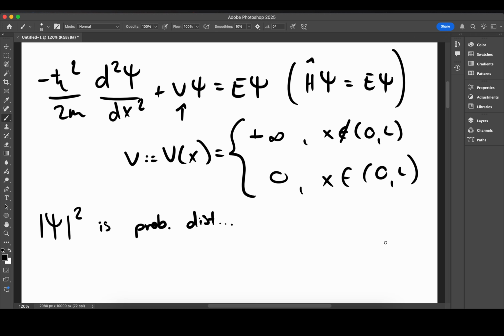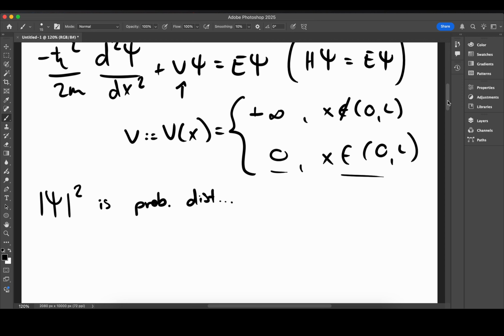So we really only care about what's going on in the bottom of the well, where the particle actually lives and is found.